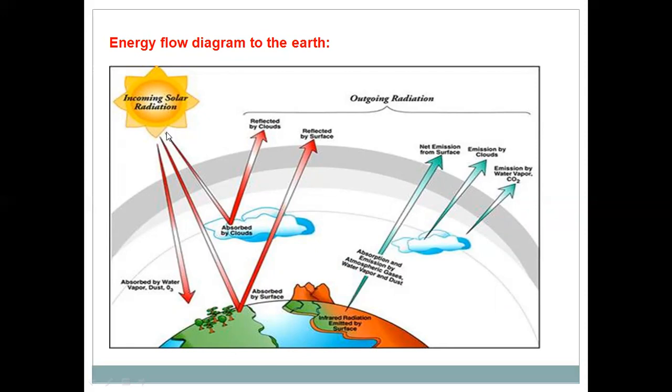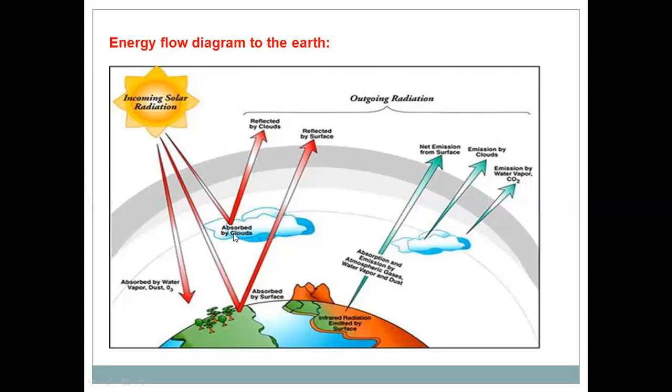This radiation is incident on the earth. Some of the radiation is absorbed by the atmosphere, by dust particles, oxygen molecules, and water vapor. Some is absorbed by the earth surface, maybe plants on the surface. And some is absorbed by the clouds.